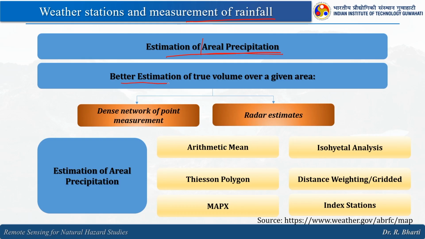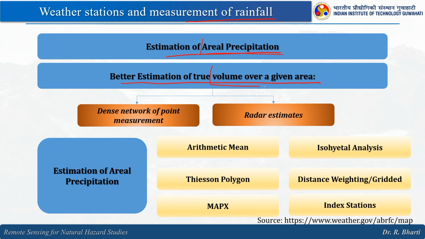So, the better estimation of true volume over a given area, because point measurements are limited to that particular location, right. But when we talk about the aerial coverage, that means for each pixel you are having the precipitation information, that will be more accurate to calculate the total precipitation in that particular catchment.